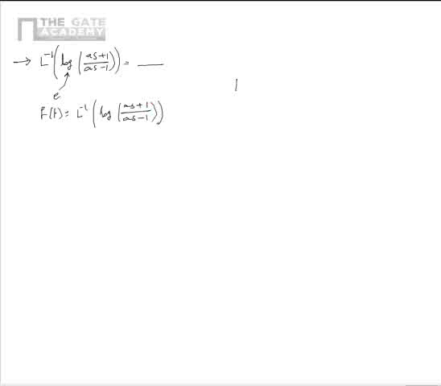We know that the Laplace transform of t times f(t) is equal to minus d by ds of F(s), where f(t) is the function that we need to find out here, and F(s) is the Laplace transform of the same, which is equal to log of (s+1)/(s-1).